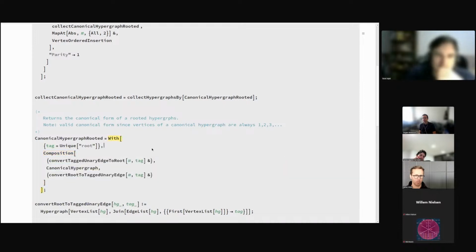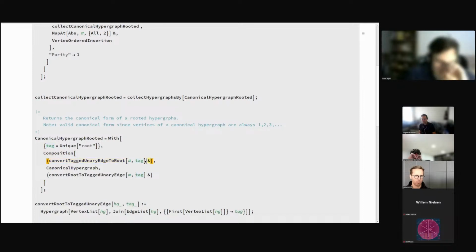And I'm claiming that you can get such a canonical form by first converting the root to a tucked unary edge, so you are adding a unary edge with a tuck. Then you apply the Wolfram Institute hypergraph function canonical hypergraph, which preserves the tucked unary edge. And then you remove the unary edge and convert it back to the root.